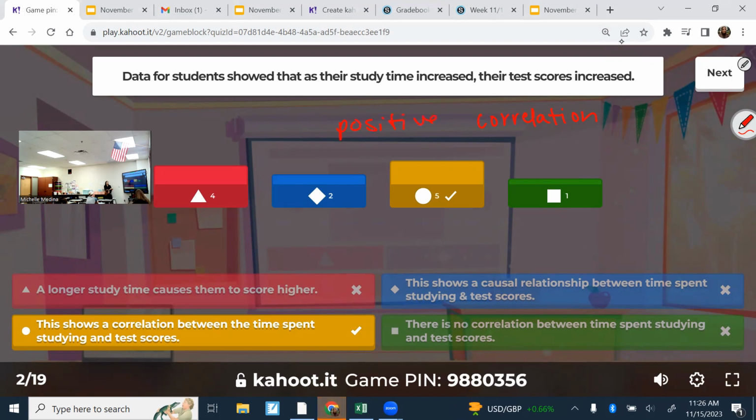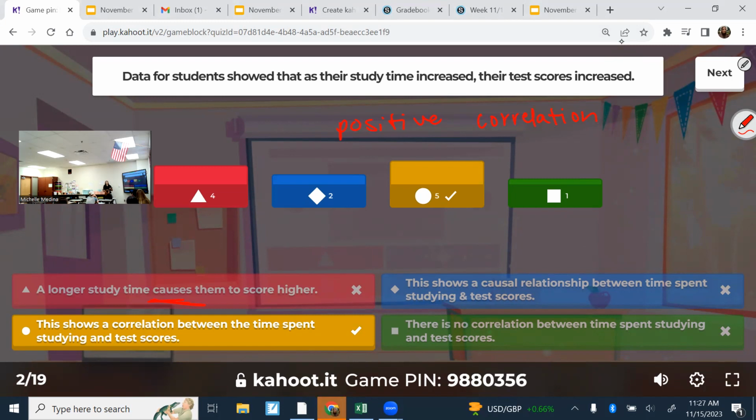We don't know how strong it is. It doesn't say that it looks really linear or anything like that. But we know there's a positive correlation. That does not mean that there is cause and effect, or causation. It's like what you normally see on tests. There is not a cause and effect relationship there, because there can be kids that study a lot and not score well on tests, right?